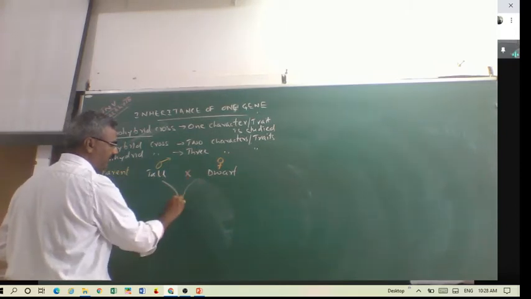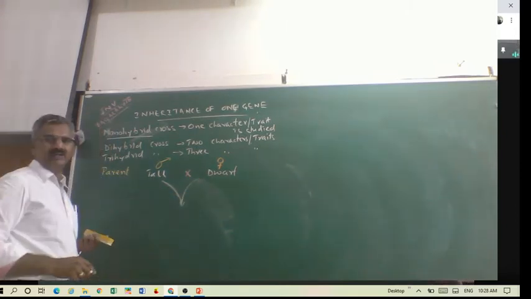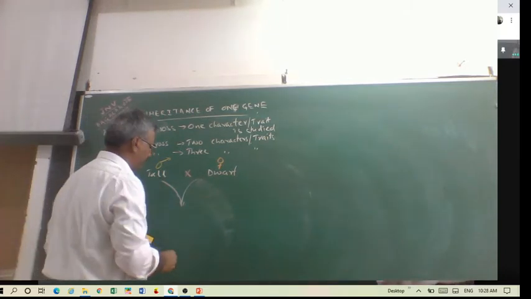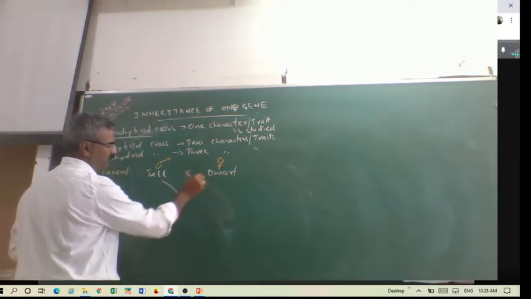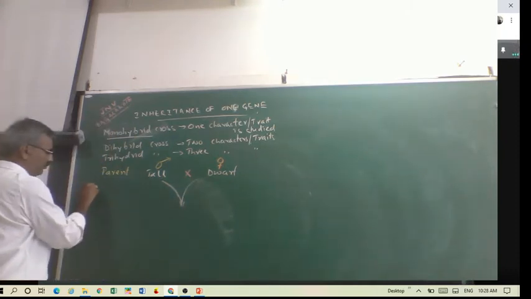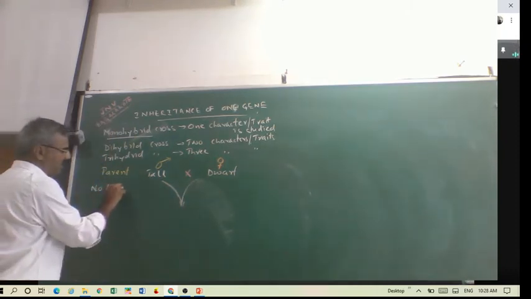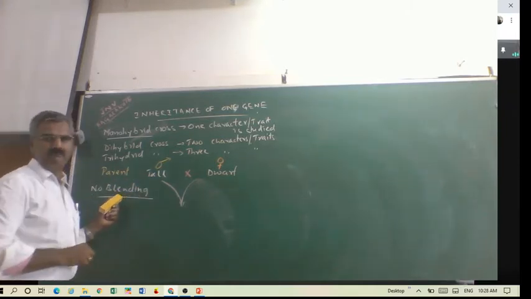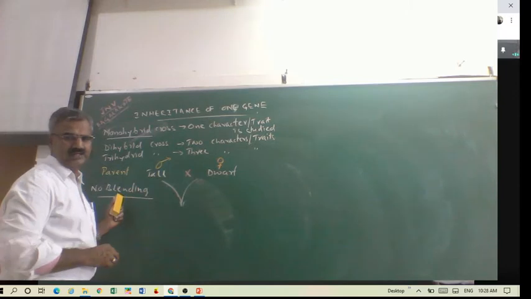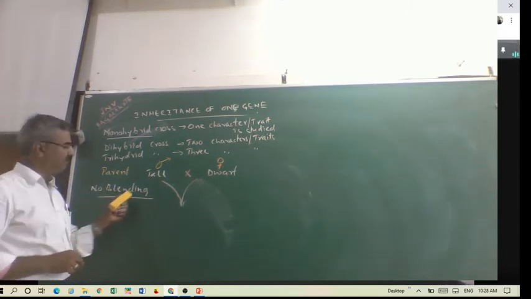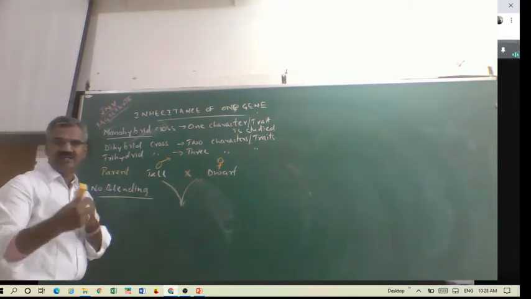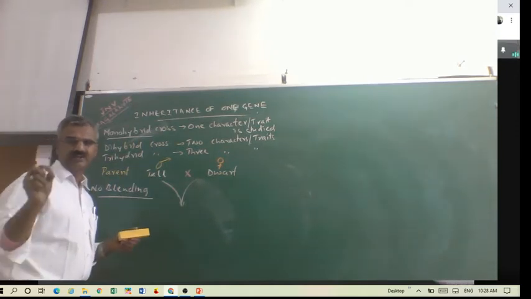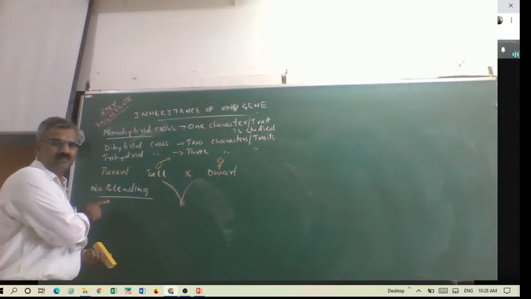We expected a mixed character, also called blending. But there was no blending of the traits, no mixing up of the traits, as you rightly told. But normally we use a technical term, what is the term called?